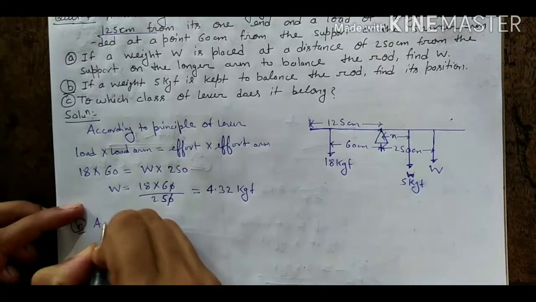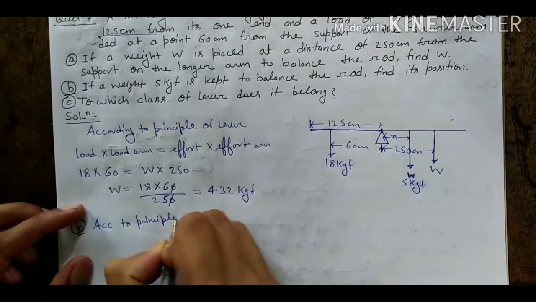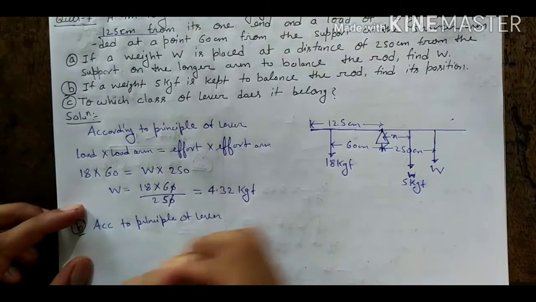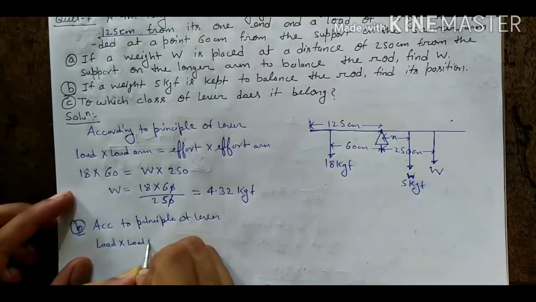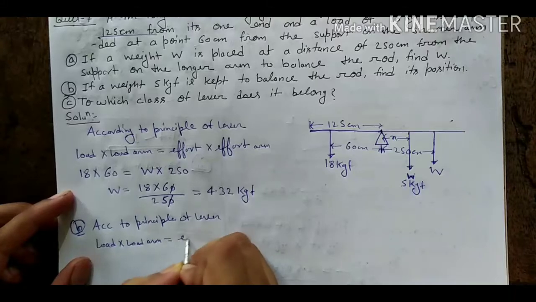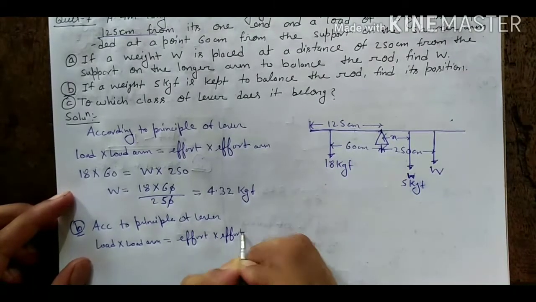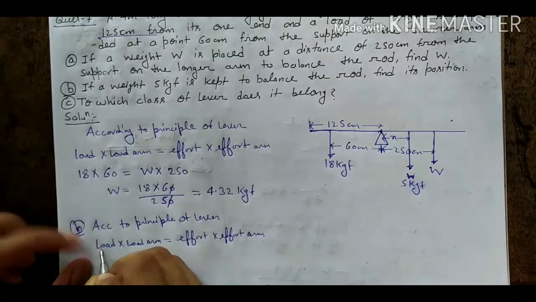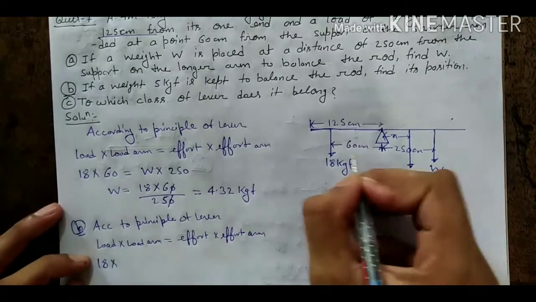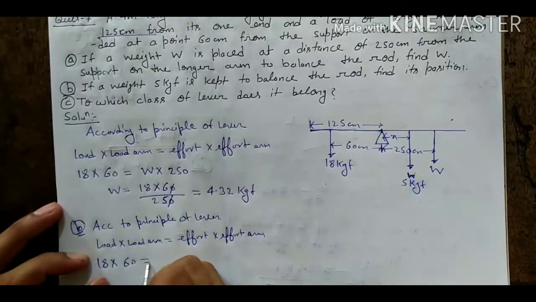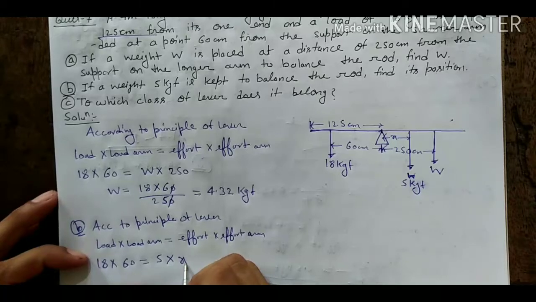Same principle: according to the principle of lever, load into load arm will equal effort into effort arm. It means here load is given 18, load arm is given 60. This will equal effort which is 5 kgf, and effort arm is x.